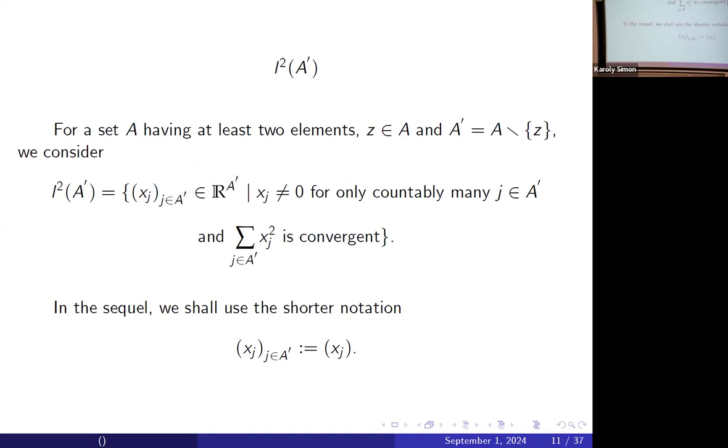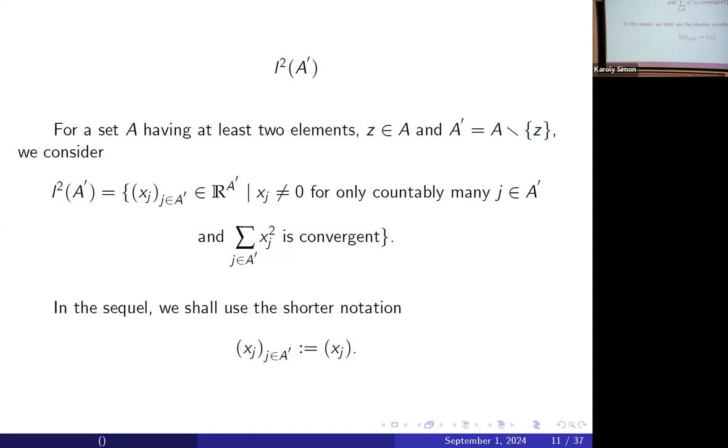This means that we have families of real numbers, where the index j is in A prime, x_j is not 0 for only countably many j's, and the sum of x_j squared is convergent.